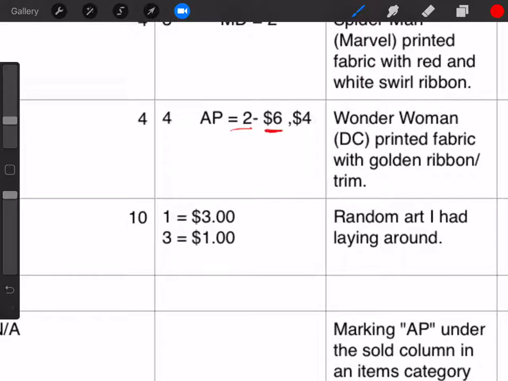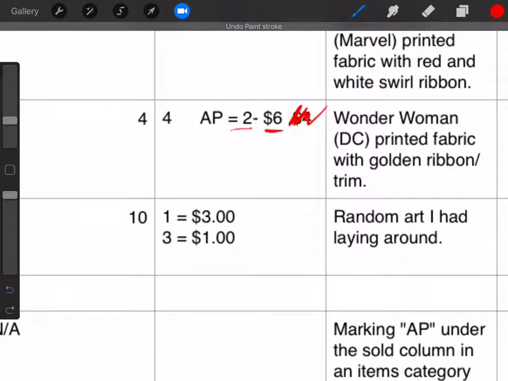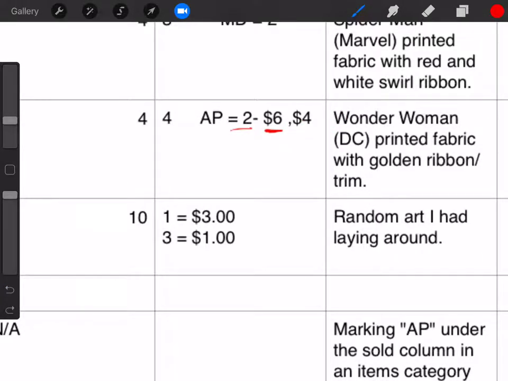If I had sold both of them for $6, I would just leave out the 4 because I would be like, okay, 2 of them were sold at $6 each. If it helps to remember, you could put each. If in this example I had 2 different prices, I just put a comma and then I put 4. Pretty self-explanatory. It just keeps track of how much I was selling what for.